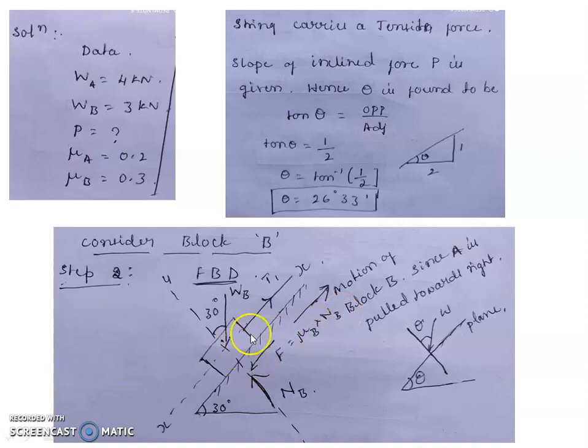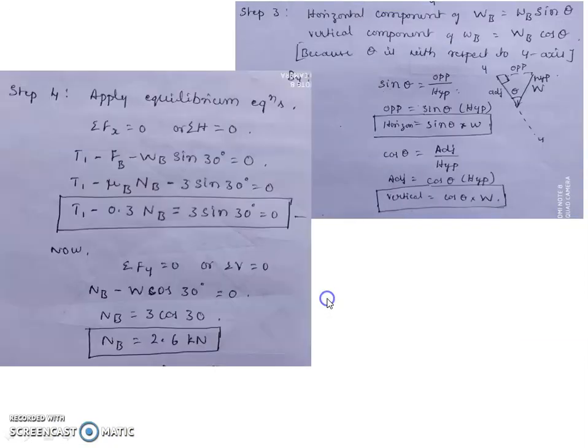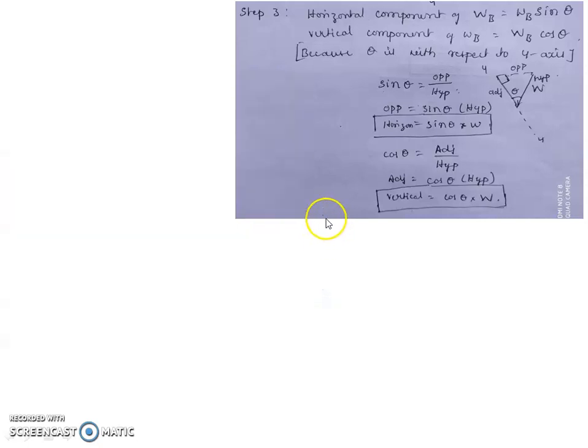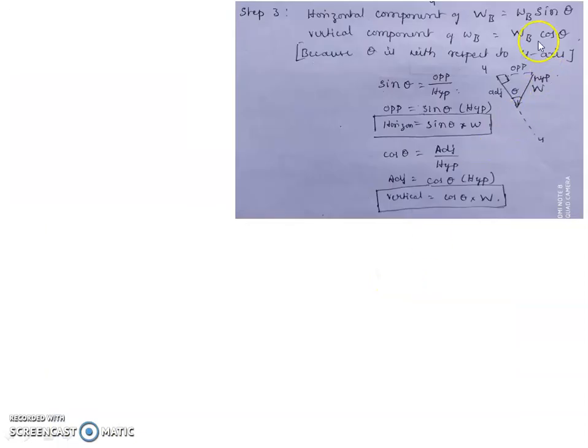It is downward because my block B is moving upward. Okay. Now I will apply equilibrium equations. My horizontal component becomes WB sin theta. Vertical component becomes WB cos theta. It is given by using these trigonometric relations.